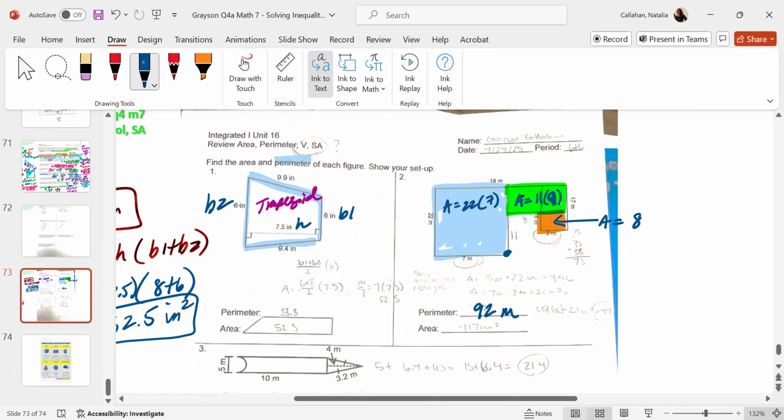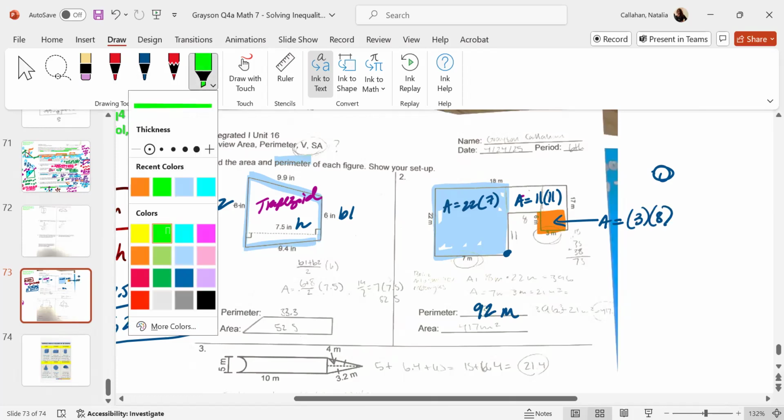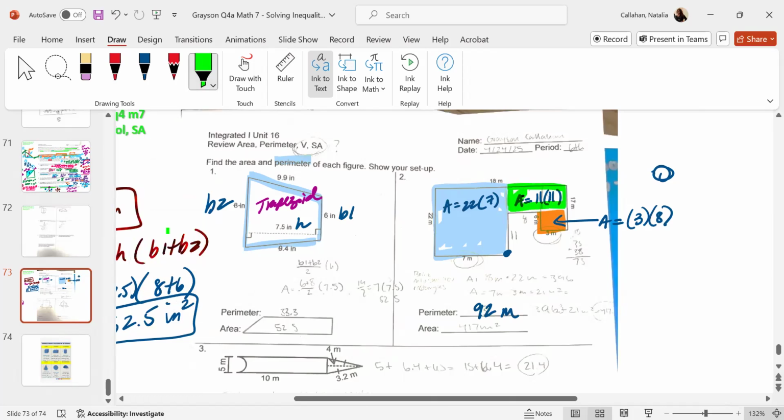What is that? Is that 6? It's 6. Okay, so if it's 6, and that's 11. This one has area 8, or 3 times 8. I want you to take a look how I got these numbers, because there's no way for me to even show you how to do that. You're gonna have to just kind of break it out yourself.